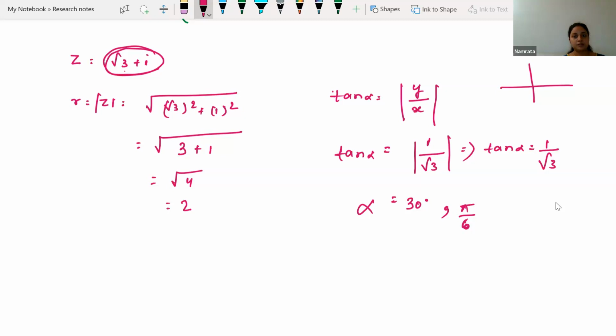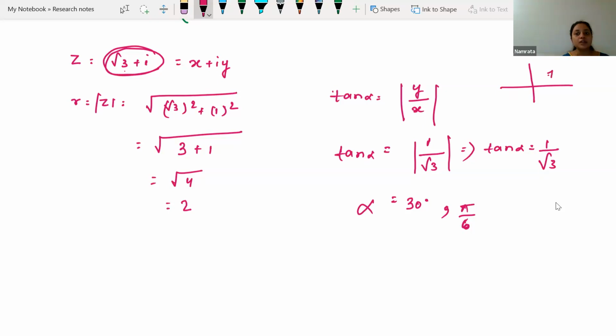Can you see that x is positive and y is also positive? If you compare it with x plus iy, both are positive over here. So it's the first quadrant.